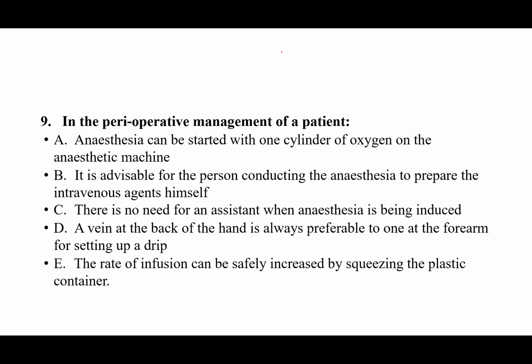So don't underestimate a procedure. You must have 2 full cylinders, please, minimum. And there's one small emergency cylinder behind the anesthetic machine. That should also be present. Don't ever start with 1 cylinder.